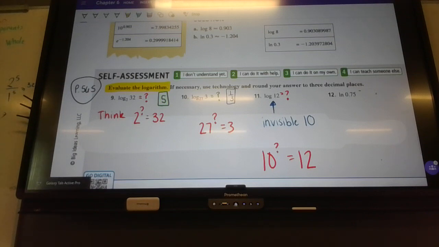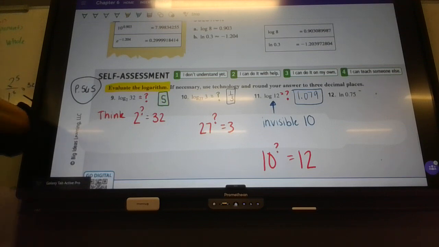And there it is. And it says round to 3 places. So we're going to go 1.079. And it used to be before calculators that people who did math just had a huge book, like an encyclopedia of all the powers. And they would just flip in there.